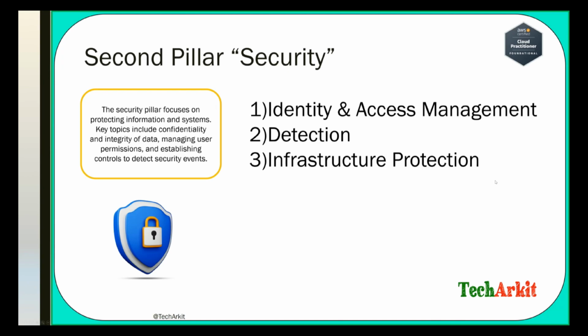Let's see infrastructure protection. Protect the infrastructure, including networks, compute resources and data storage, from unauthorized access by implementing security controls such as firewalls, encryption and intrusion detection systems. For example, when you transfer data over the internet, if the data is not encrypted during transfer, there is a risk that your data might be stolen.